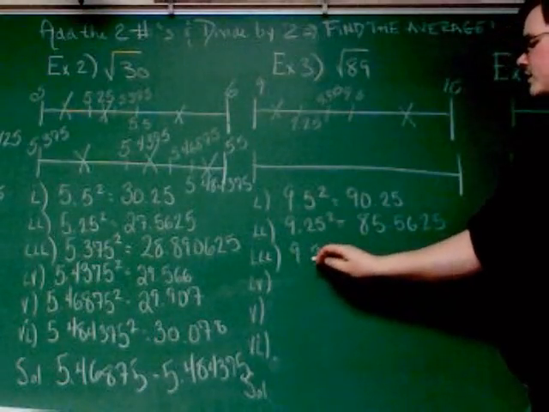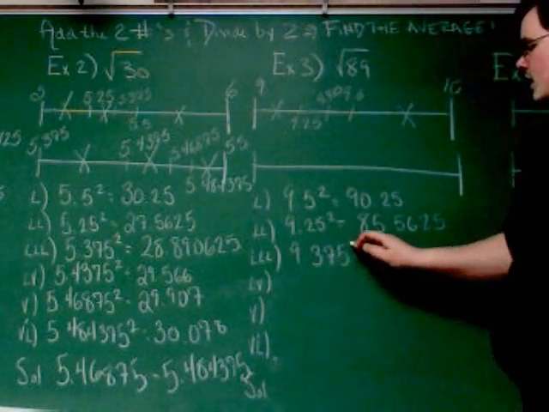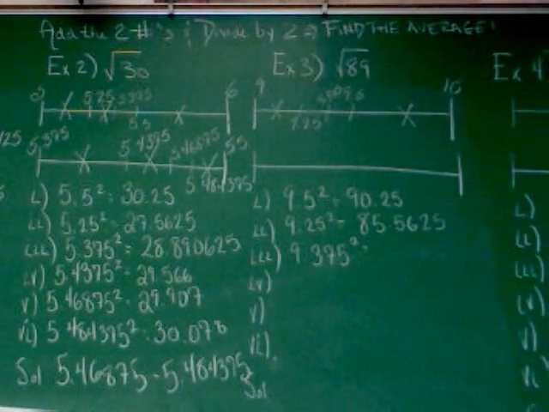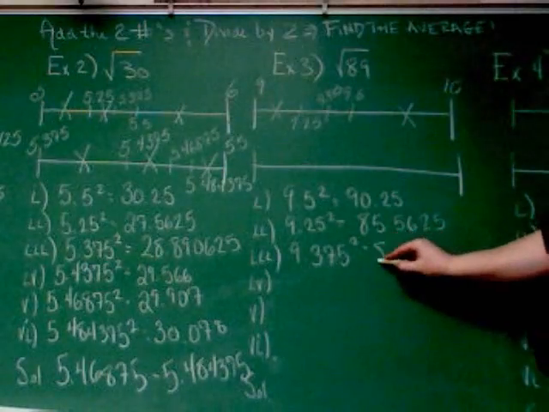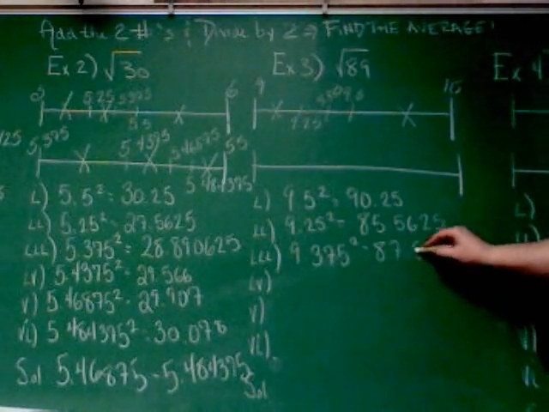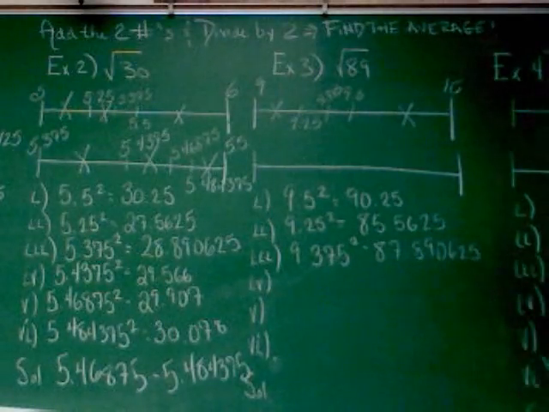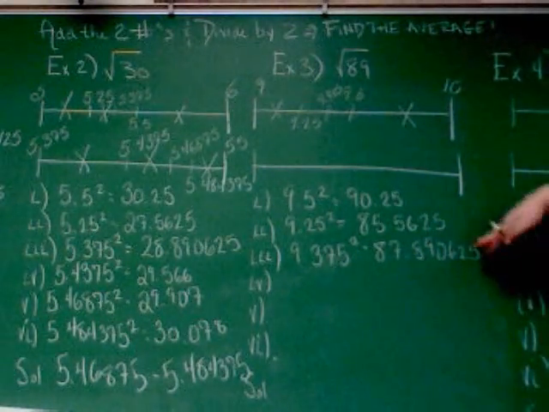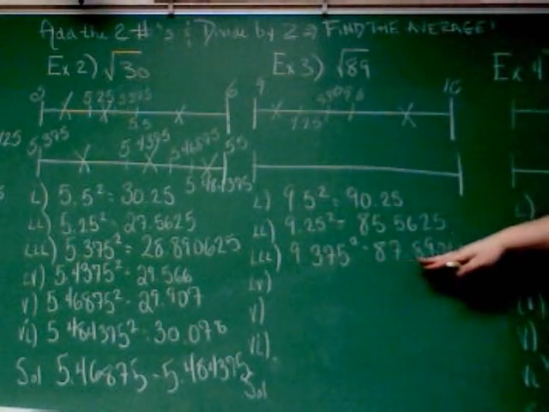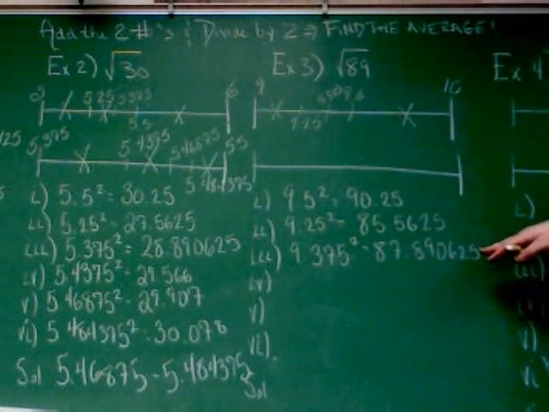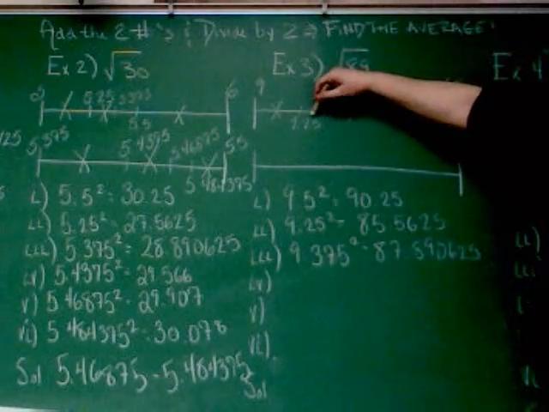Take 9.375, square it. 9.375 squared is 87.890625. Okay, remember, my goal is 89. Is this 87.89 too big or too small? Still too small, so I've got to cross out everything smaller.